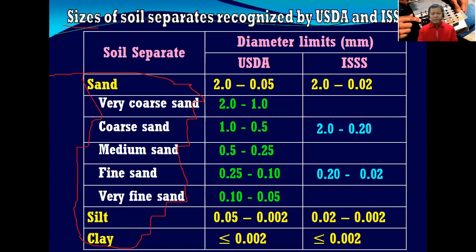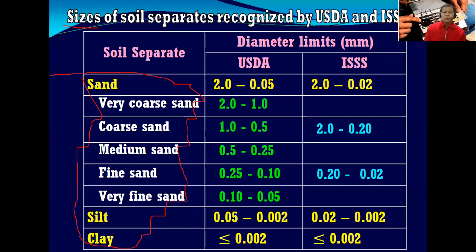It has an implication in terms of water holding capacity, in terms of drainage, and also in terms of fertility and cation exchange capacity.